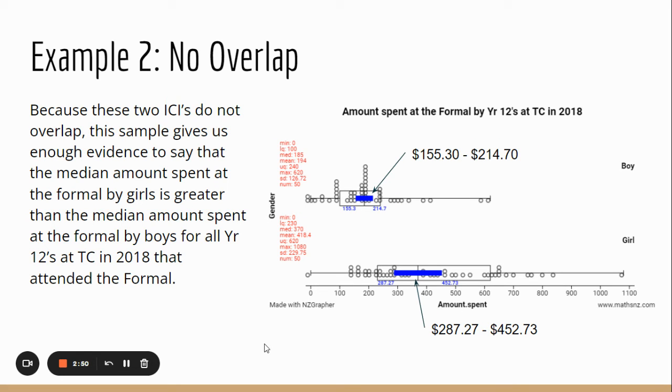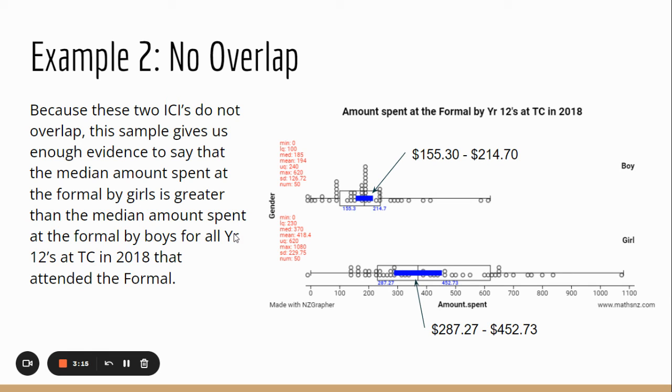So if it doesn't overlap, here I've got another completely different sample. This time this one ends at 214 and this one starts at 287. So there's no overlap in between. So even if the median for boys was way up this end and the median for girls was way down this end, that one would still be greater than that one, always, every point that we choose in the blue bar.